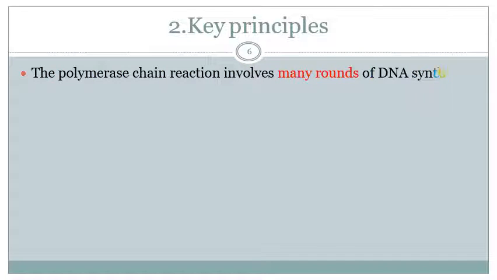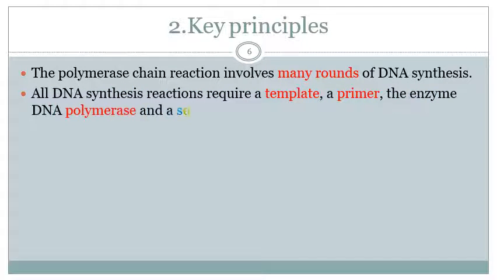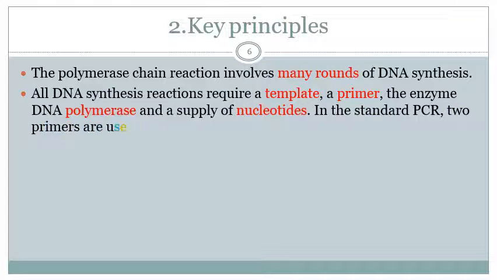As far as the key principles of PCR are concerned, there are many rounds of DNA synthesis. DNA synthesis requires certain substances, or you can say raw material, for this process. First is the template, usually DNA, and second is the primer, a short, tiny segment of DNA used for PCR.